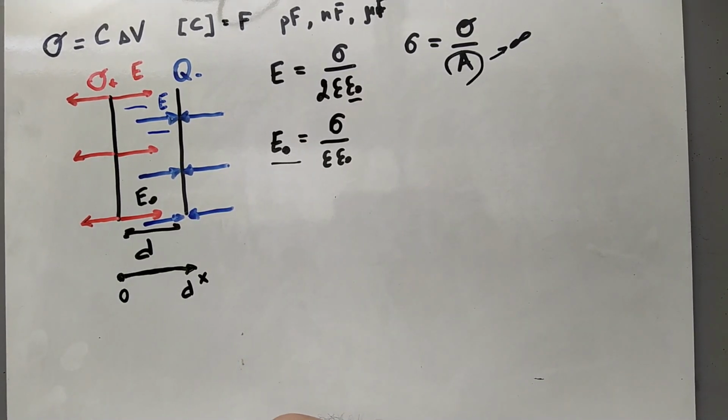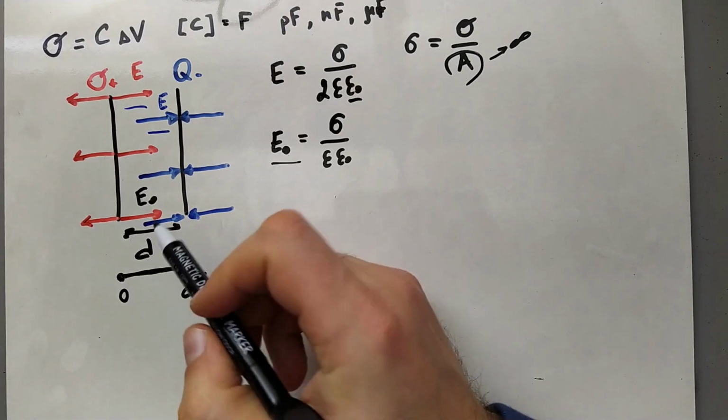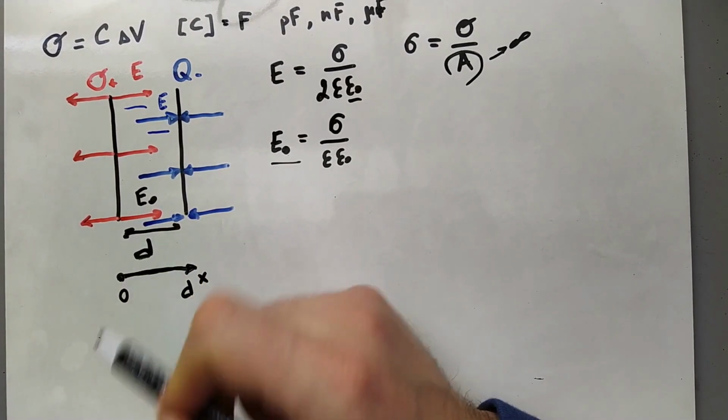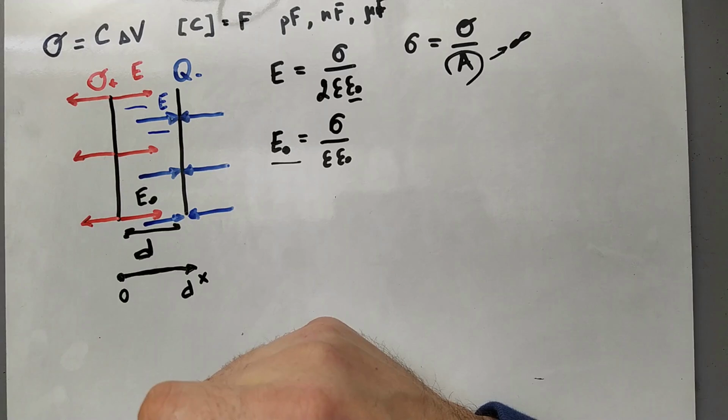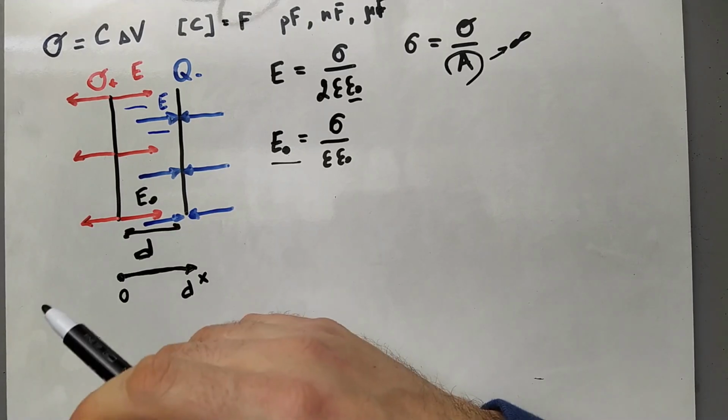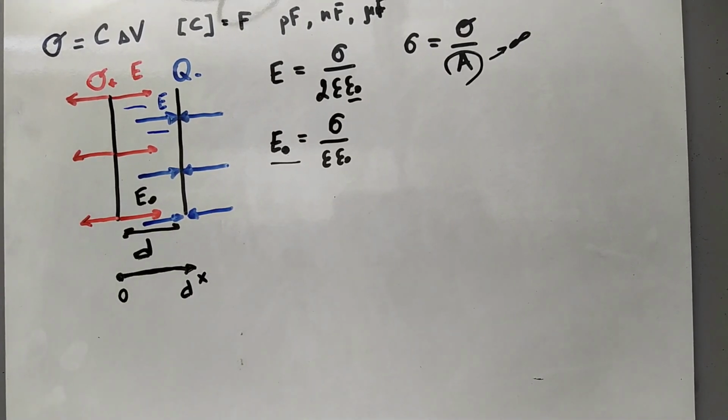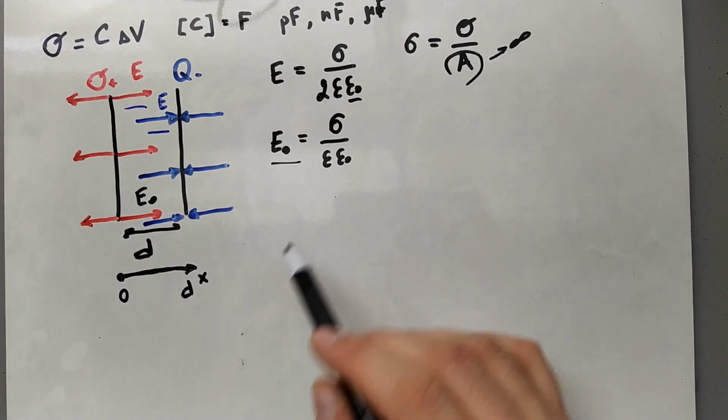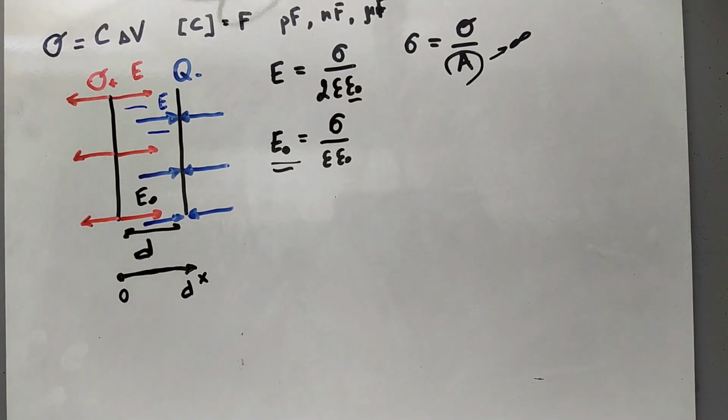The reason why we specify that this distance d between two plates should be much smaller than the linear size of the plates is that this assumption gives us quite valid reasons to make such a statement that we have a uniform electric field in between these two plates.